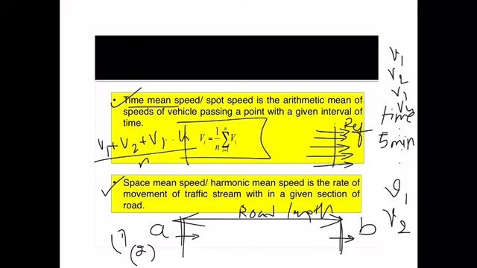Like that, note down for n number of vehicles. For example, your sample size is 10. For a set of 10 vehicles, note down the time required to pass from the first reference point to the second reference point, and the speed. Then take the average of it. That will give you the space mean speed of the vehicles.